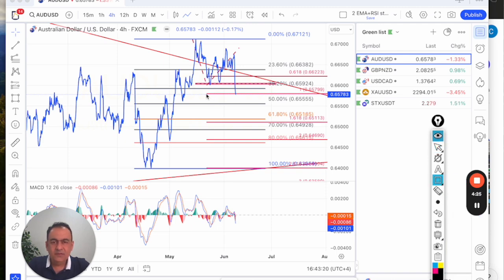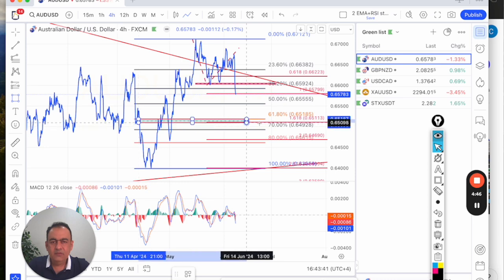So this is the level of Fibonacci extension 100%, and the next level in sight is FE 1.618, which is also confluencing with Fib retracement 61.8. So I'm going to mark this confluence of the two Fib levels as our target. So this is going to be our bearish target for AUDUSD.